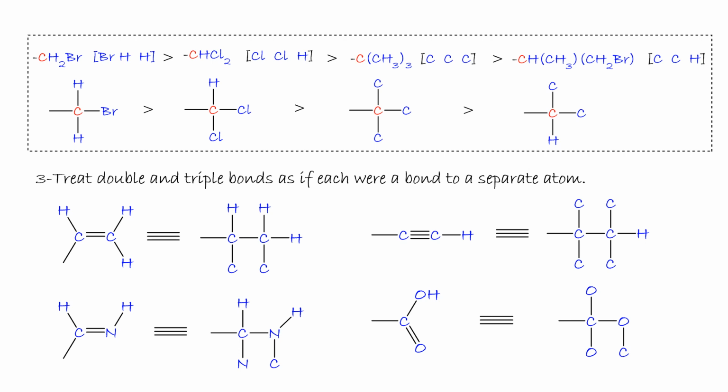CH2Br is senior to CHCl2, higher than C carrying 3 CH3, and this is higher than CH3. Okay, how we got here: hydrogen, and here is hydrogen, here's Br, and here Cl senior.